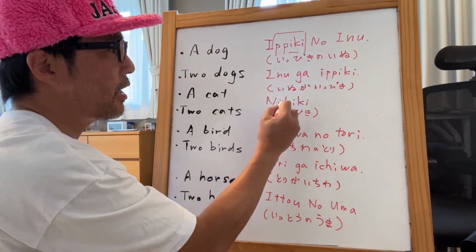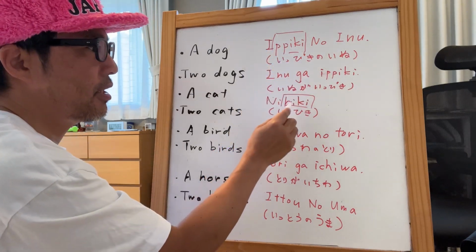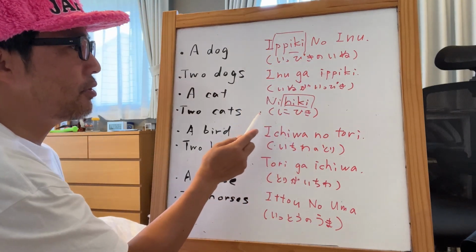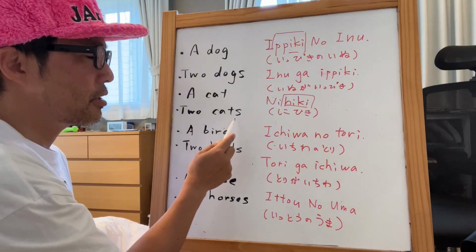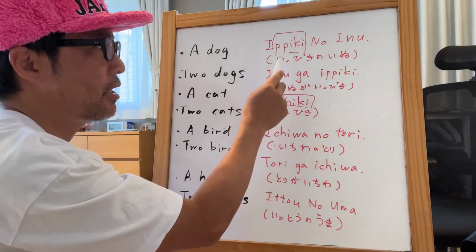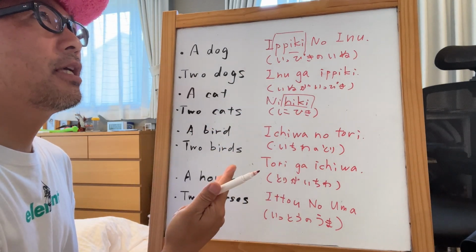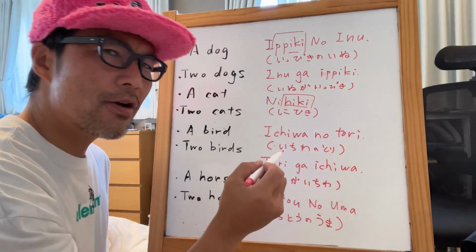The difference is that if you want to express two dogs, it's going to be ni hiki, not ni piki. So ippiki, ni hiki, san biki, and it's really complicated.